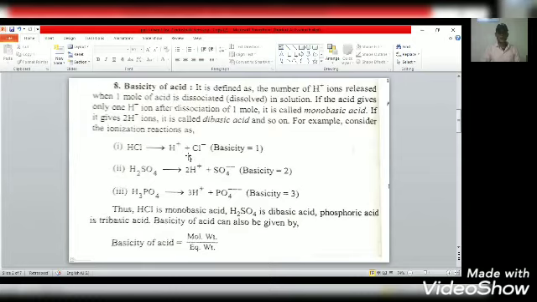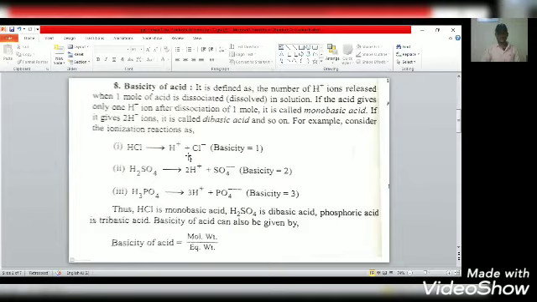For example, consider the ionization reaction. The basicity of an acid means the number of H plus ions released when 1 mole of acid is dissociated in solution. Suppose we take 1 mole of HCl.